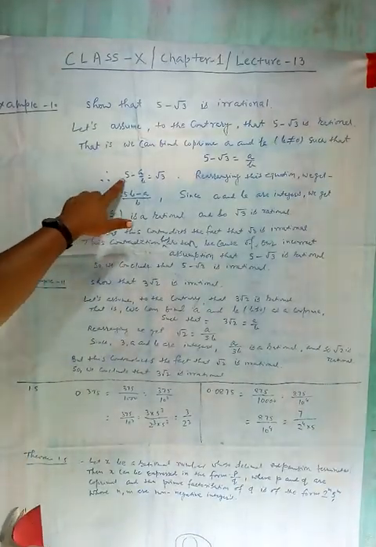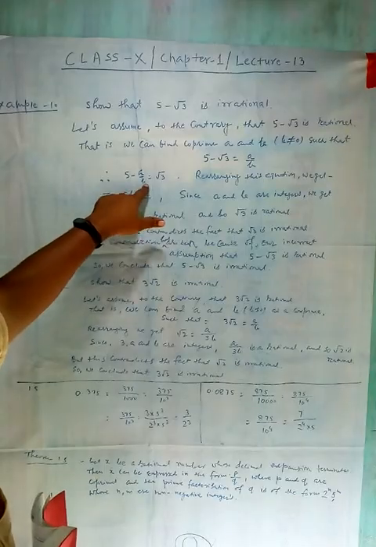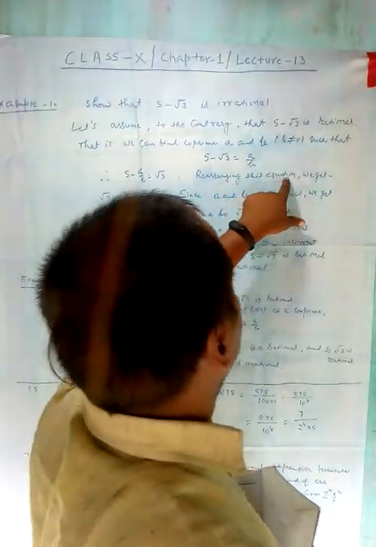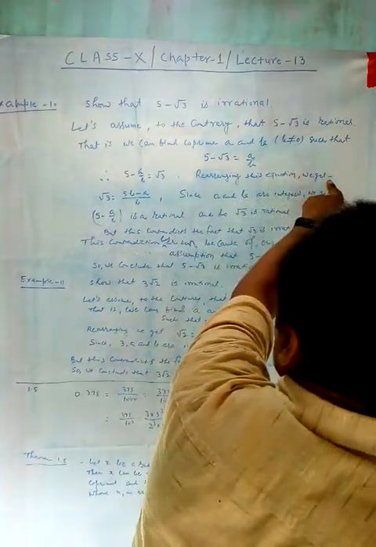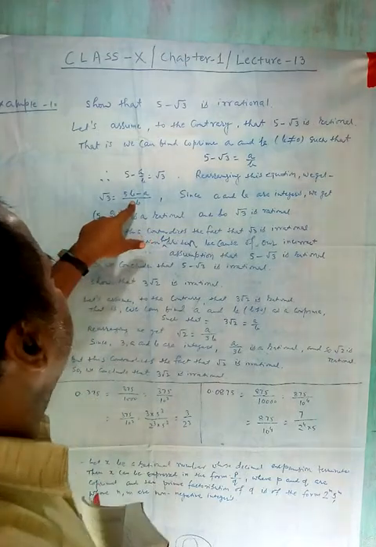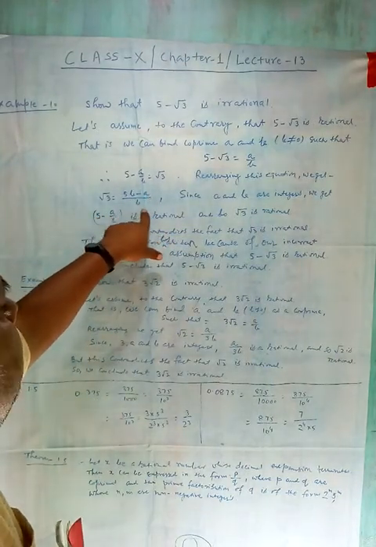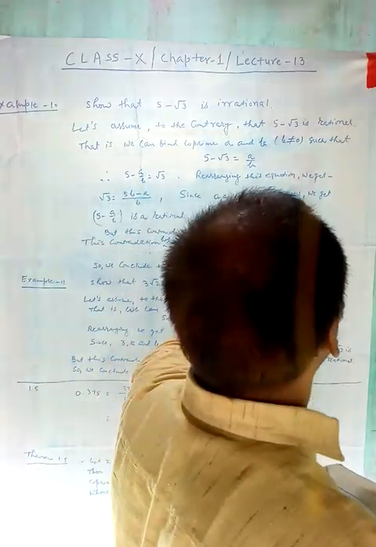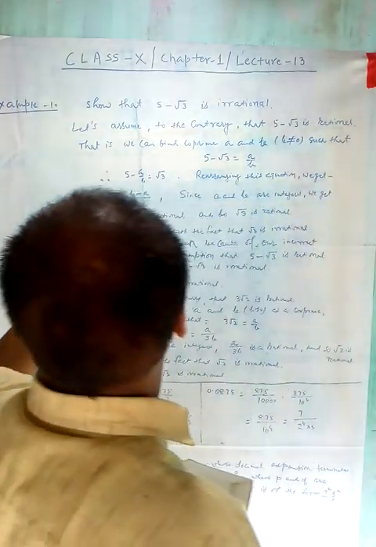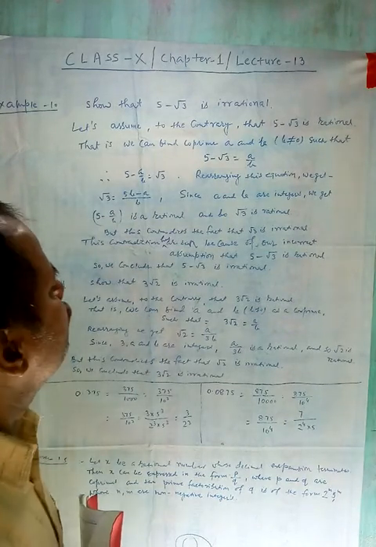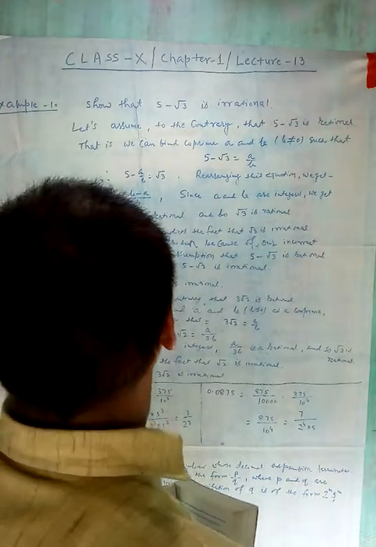Therefore, 5 minus a by b is equal to root 3. Rearranging this equation, we get root 3 is equal to (5b minus a) by b. Since a and b are integers, (5b minus a) by b is rational, and so root 3 is rational.